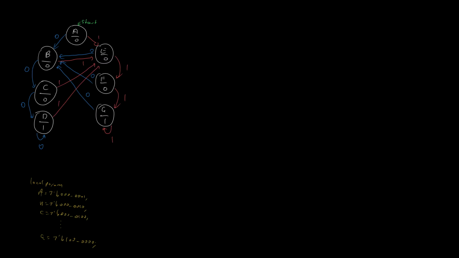Let's start with the output logic to see how easy it is. So we can do assign out is equal to, now out is 1 bit, and out is going to be 0 unless the state is D or the state is G. State D means that the 3rd bit of the state is going to be set, and state G means that the 6th bit of the state is going to be set.